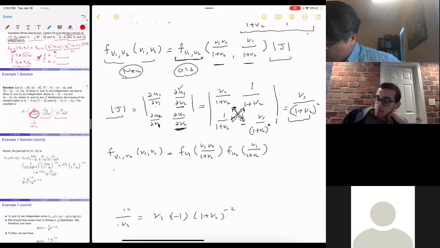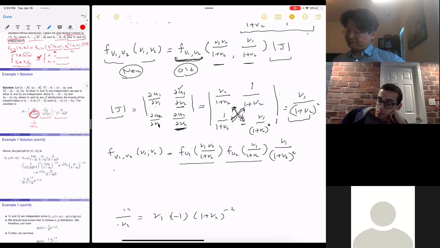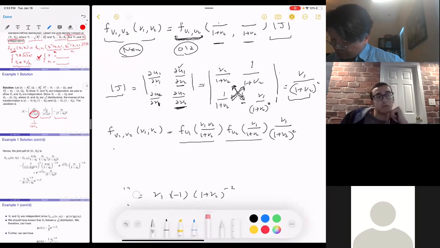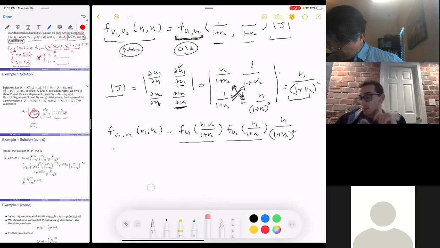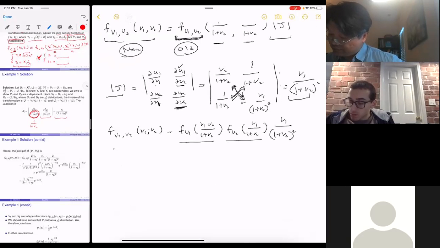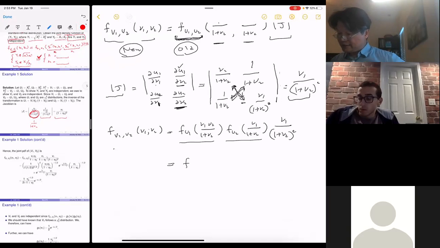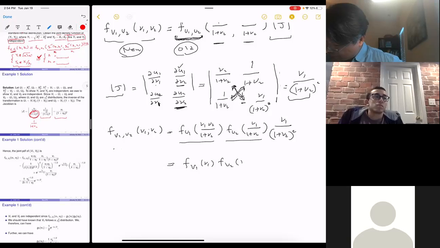Although I wrote the joint PDF right here, because U1, U2 are independent, I can write the product of the marginal PDFs. Then I put down my Jacobian right here, and this is what happened. Okay? So then you're having the right direction. Keep thinking, I'm eventually trying to prove this is some kind of separation, some kind of product of two PDFs. So this is my goal, right? This is my goal.